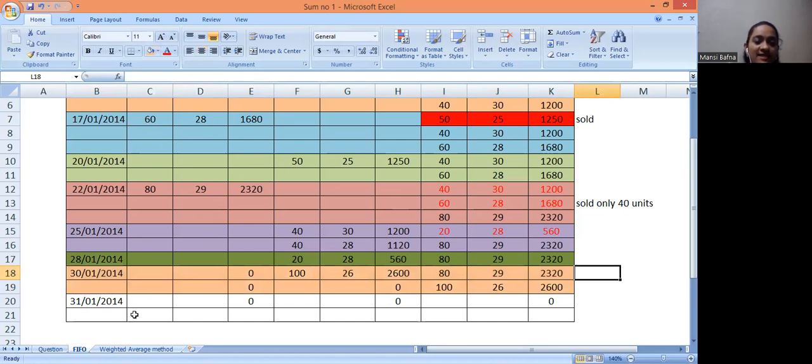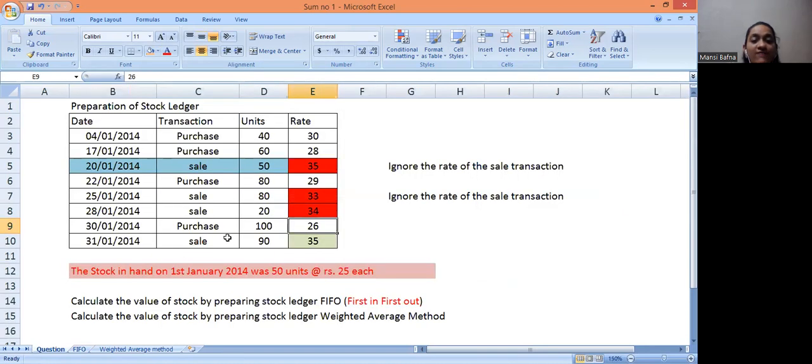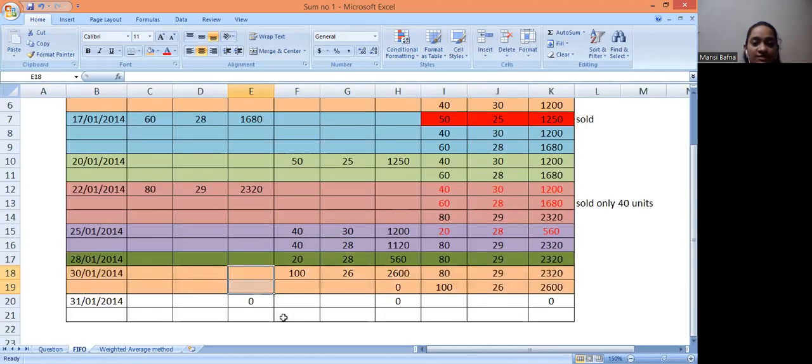And the last transaction which is there on 31st of January. On 31st of January, you have a sale of 90 units. So you are going to be selling 90 units. Now we have to sell a total of 90 units, out of which this 80 can be utilized directly, and out of this 100 you will use only 10 units because you have to sell total 90 units.